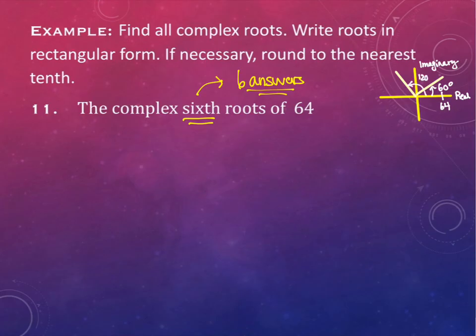We're going to have an answer over here, adding another 60, at 180 degrees. We're going to have an answer down here at 240. So that's 1, 2, 3, 4. We've got 5. We've got one more. What happens when I add 60 one more time? I get 300. My angles are getting tight in there, but I've got one at 300.